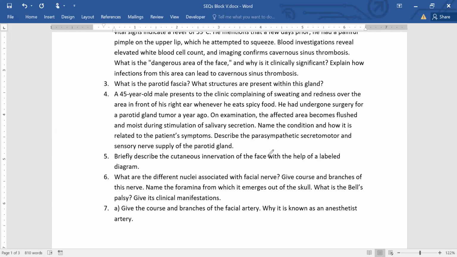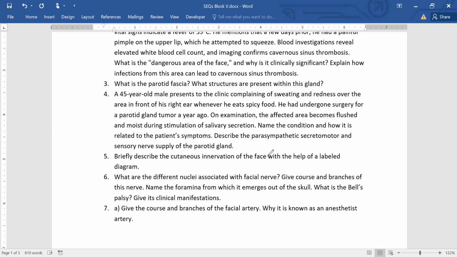Another question regarding the parotid gland: a 45-year-old male presents to clinic complaining of sweating and redness over the area in front of his right ear whenever he eats spicy food. He had undergone surgery for a parotid gland tumor a year ago. On examination, the affected area becomes flushed and moist during stimulation of salivary secretion.